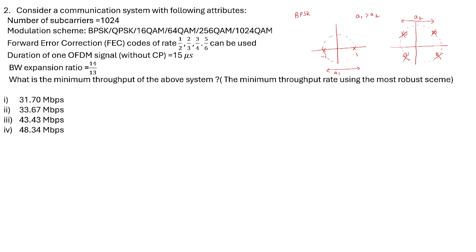Enough of this discussion. Then we have seen the forward error correction codes available, and the duration of one OFDM symbol is 15 microseconds, and the bandwidth expansion ratio is 14 by 30. This is an important term also, bandwidth expansion ratio. What does it mean? In practice in wireless transmission, data is communicated via blocks of data.